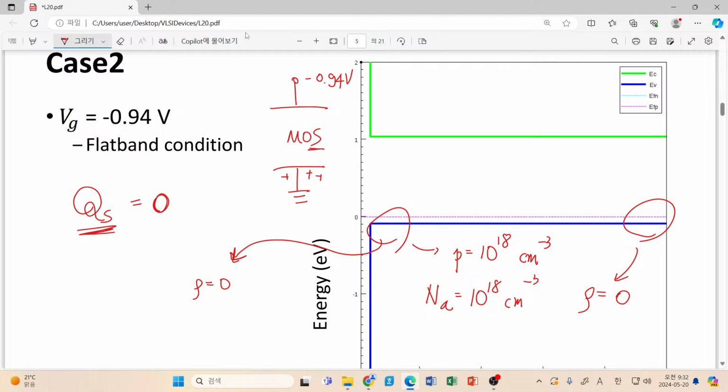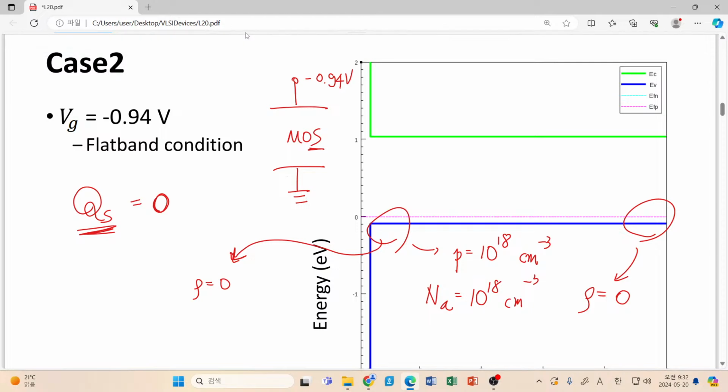So even when we apply different voltage, negative voltage, at this point we have just a neutral situation, and here we also have a neutral situation. So although we have an offset, this neutral situation is the basis of our discussion.